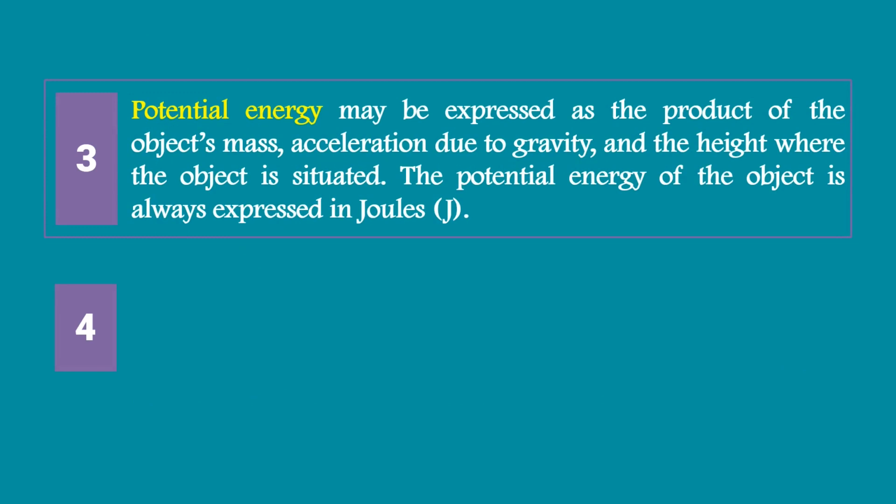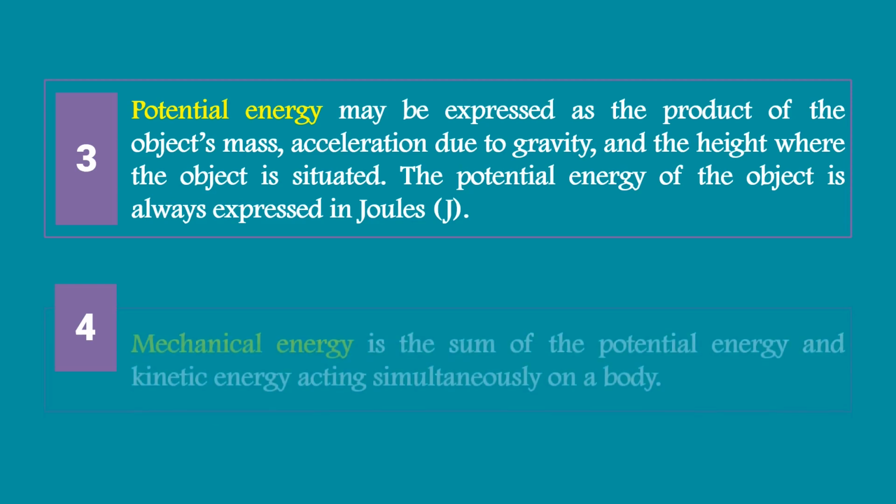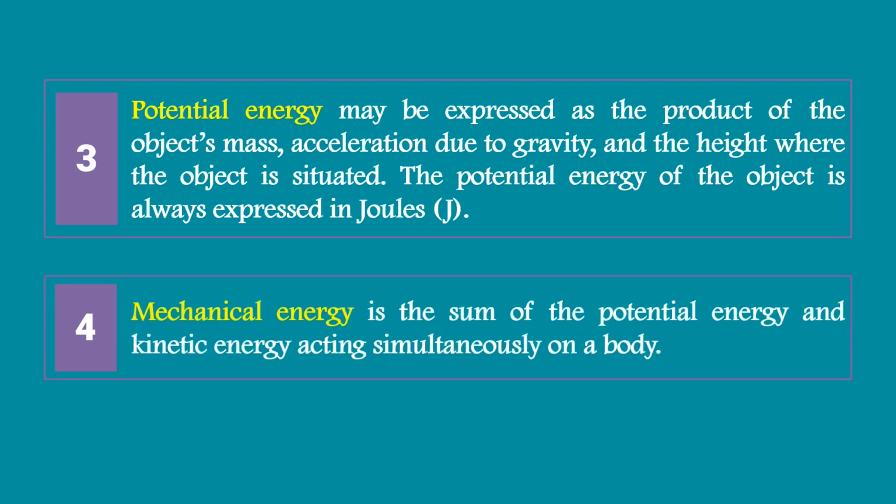Potential energy may be expressed as the product of the object's mass, acceleration due to gravity, and the height where the object is situated. The potential energy of the object is always expressed in joules. Mechanical energy is the sum of the potential energy and kinetic energy acting simultaneously on a body.